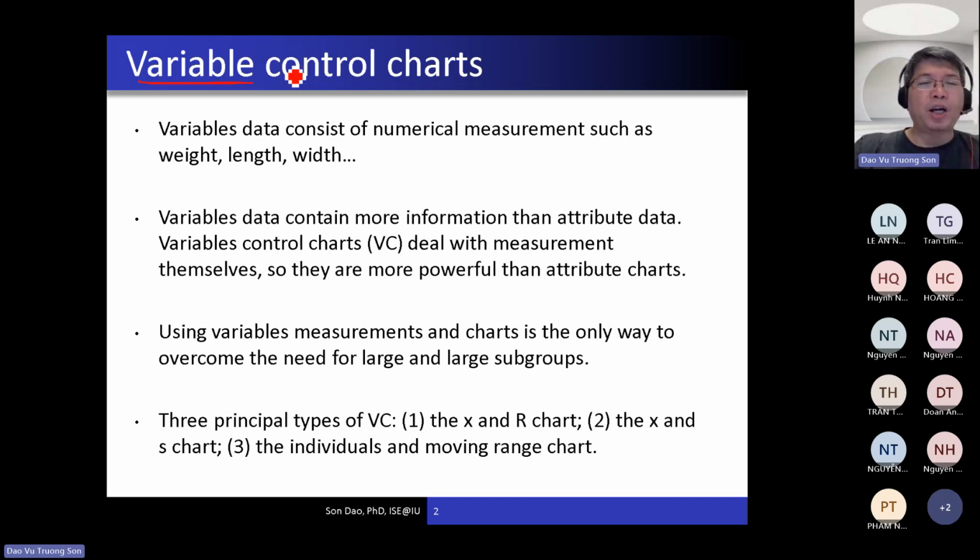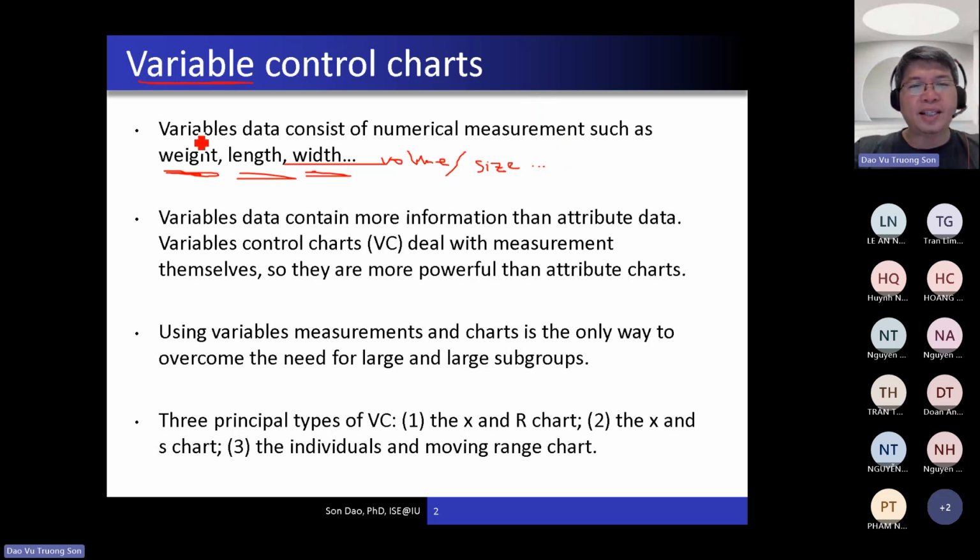So variables data usually consist of things such as weight, length, width, volume or size, the height and so on. So all these are measurable.